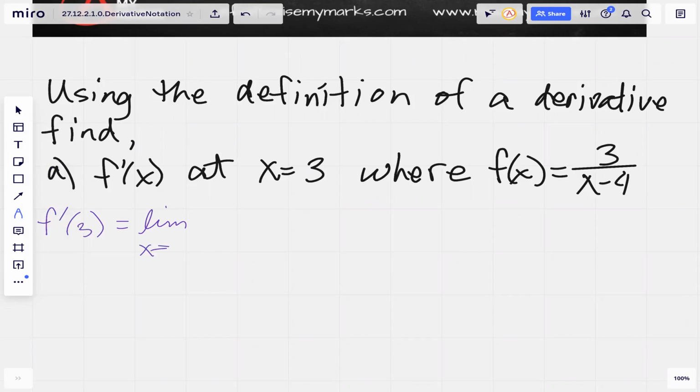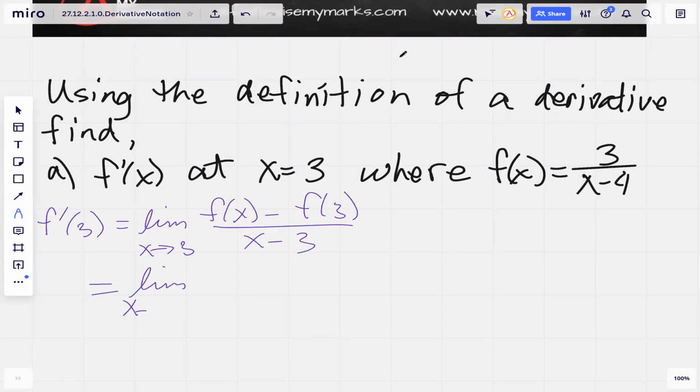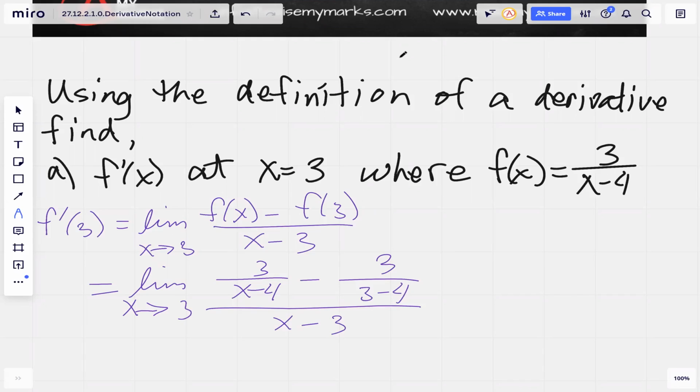Limit as x approaches 3 of f of x minus f of 3 over x minus 3. All right, so now let's start plugging things in. Limit as x approaches 3 of 3 over x minus 4 minus 3 over 3 minus 4, all over x minus 3.